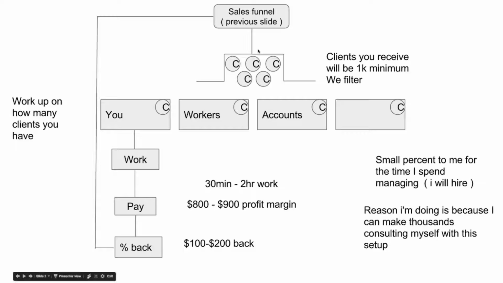But the bigger website, like expansion on this and your own. So the reason I'm doing this is so I can make thousands consulting myself and helping people set up. And this is really just a trial run for me with having this whole system in place. And I already have the people who are going to make this system work through hire and freelance.